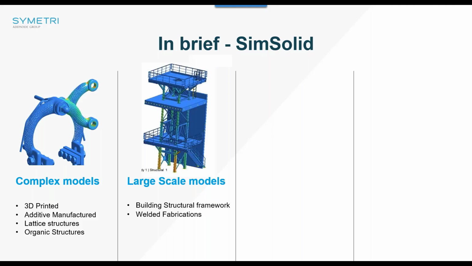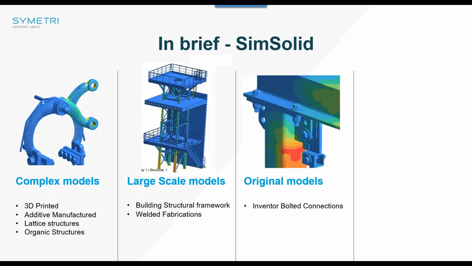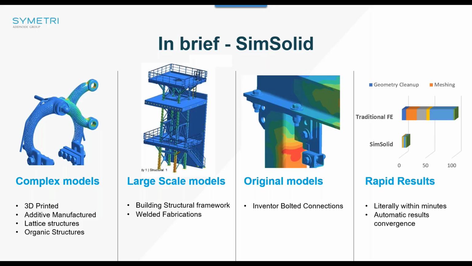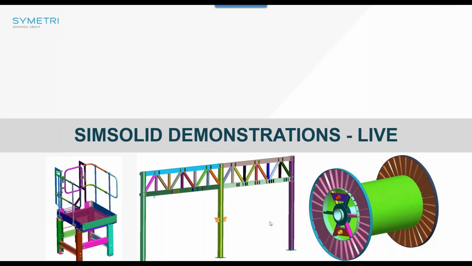It's also ideal for large structural framework models and welded fabrications, which are not so easy to do inside traditional software because you have to represent them with very simple primitive geometry like beams and surfaces. And finally, one of the biggest strengths of SimSolid is that it works on original geometries, and it's very, very fast. Okay, now let's see the software in action.